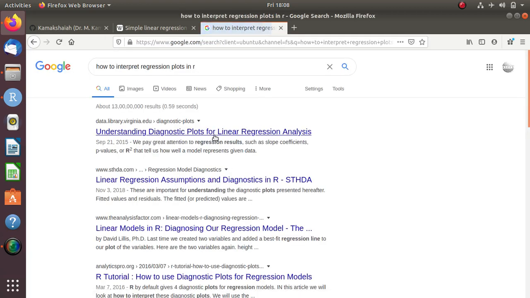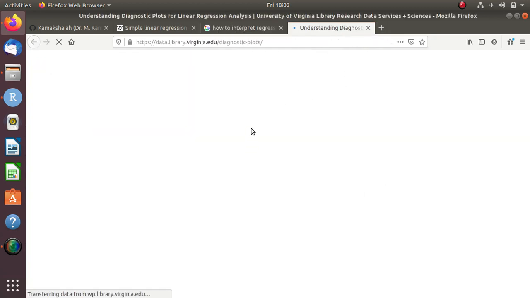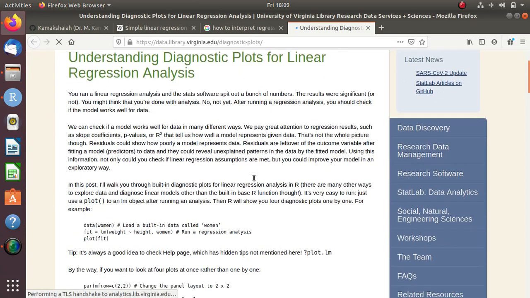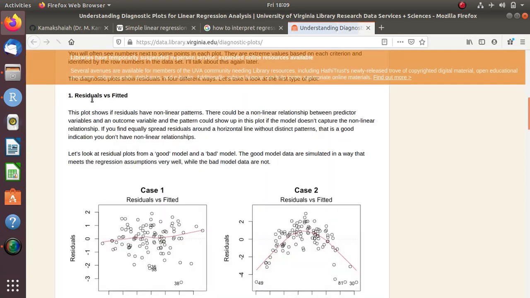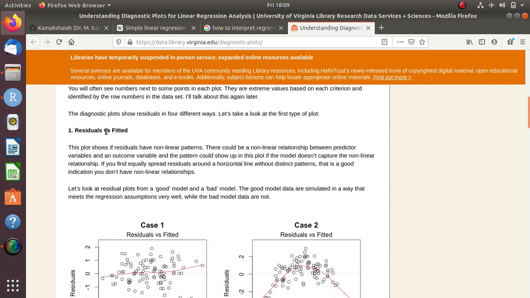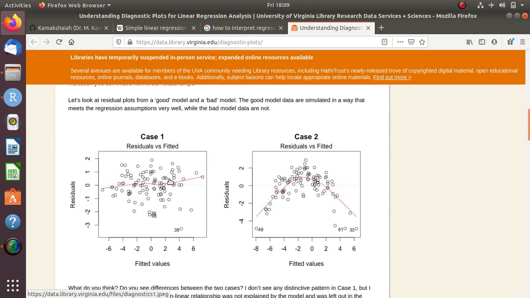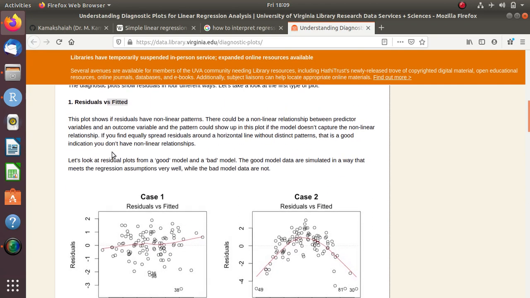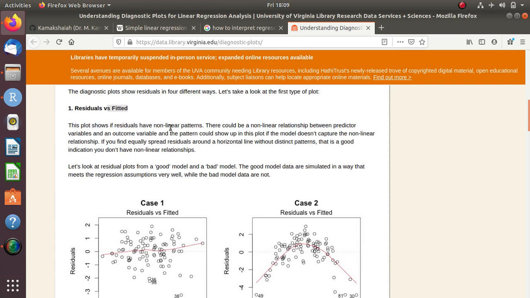Okay, these 4 plots deal with 4 different assumptions, and to understand the diagrams, you can go to any source, it doesn't matter. You can see the first one is the residual versus fitted. This plot shows if residuals have non-linear patterns.